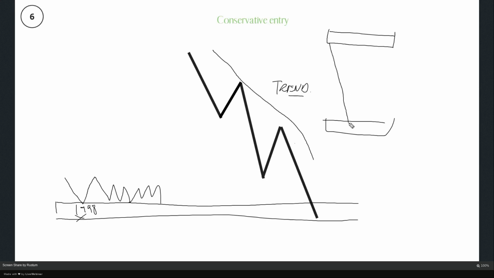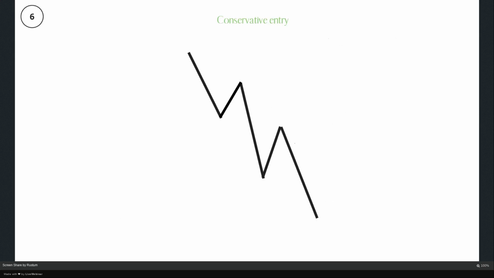We want to trade in that sort of zone, but we are faced with this. So the best way of doing it is going to be the conservative entry for that style or that look. When it looks like it's trending, the conservative entry is going to be the best. Now, let me explain what that is.